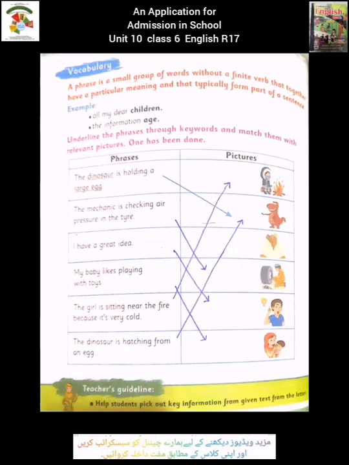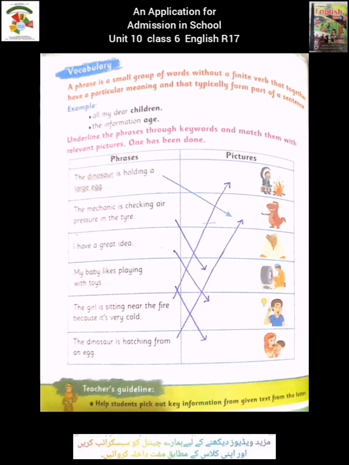A phrase is a small group of words without a finite verb that together have a particular meaning and that typically form a part of the sentence. Okay, a phrase is a kind of group of small words. It's not such a big part of a sentence which can have a verb or all the elements of a sentence.